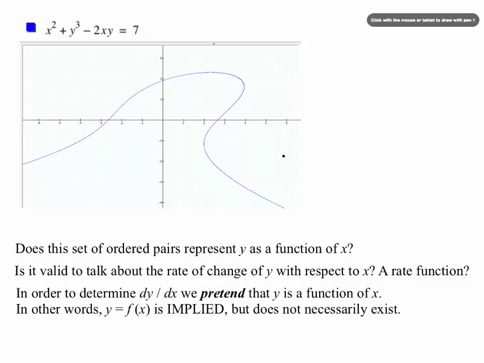In fact, we're looking at this picture and we know it doesn't exist, right? Y is not a function of x. But we pretend it exists. In order to get this rate function, we say it's implied that y is a function of x. And so then what we do is what's called implicit differentiation. This idea that y is a function of x can only be implied even though it's not really true.